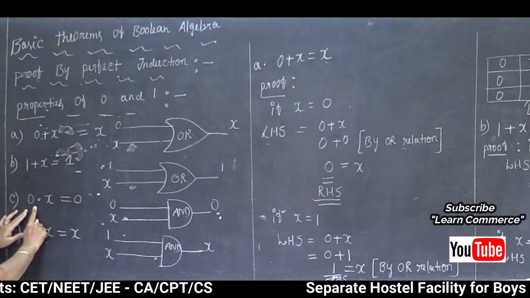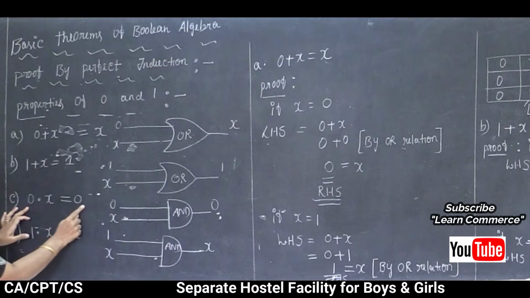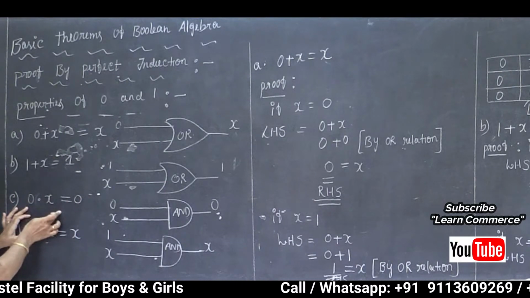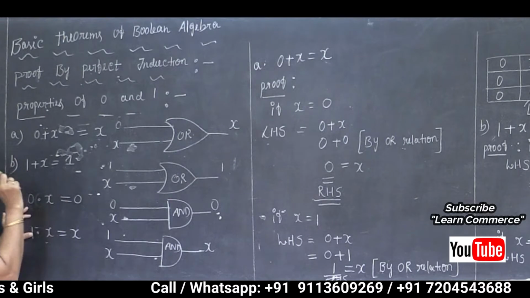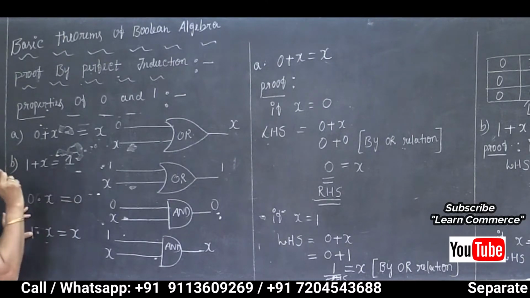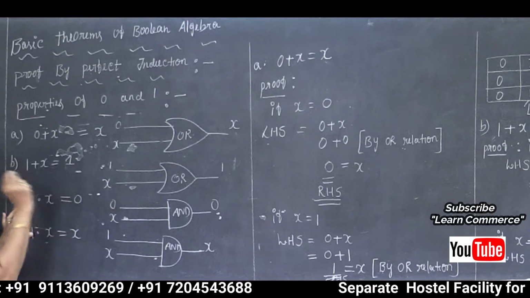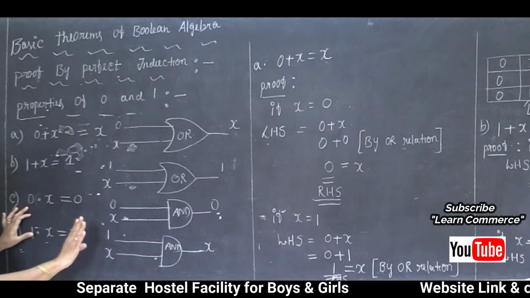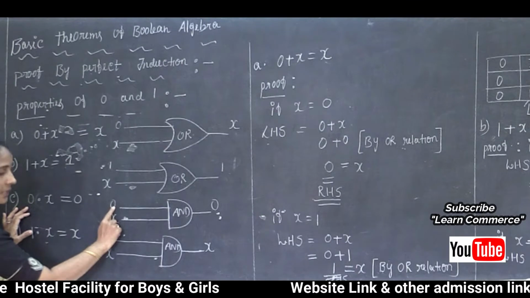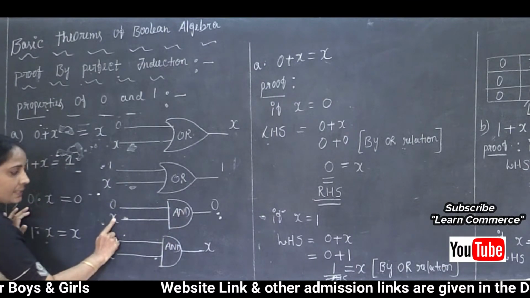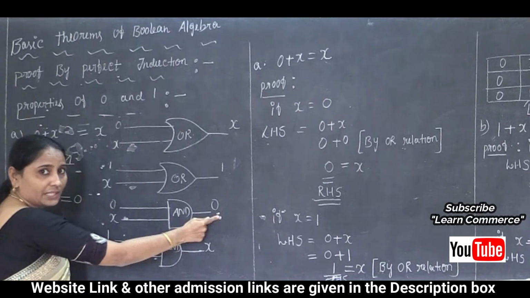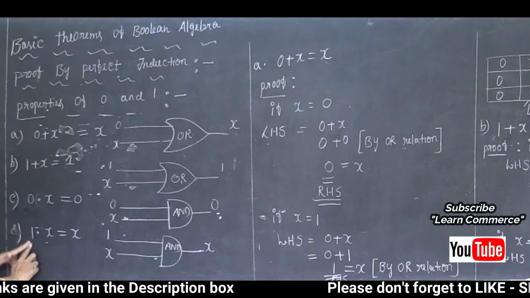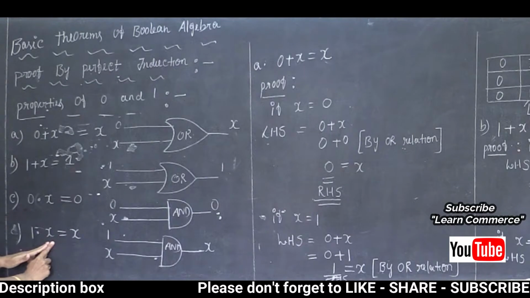Now the third, 0 and x is equal to 0. In between 0 and x, the symbol is the dot operator, equal to logical multiplication, which we use in the AND gate. So 0 AND x, the result should be 0. The last one, 1 and x, is equal to x.